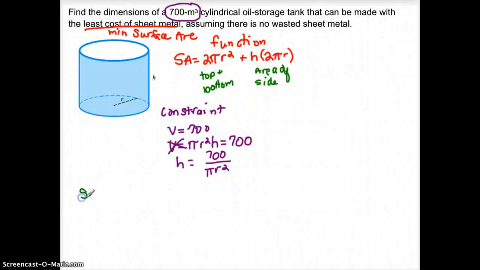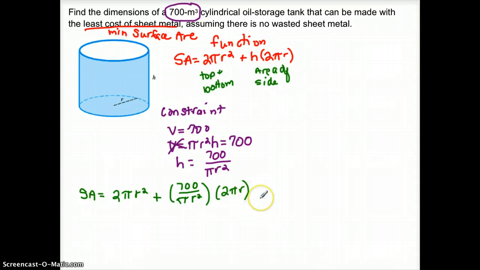Now my surface area is equal to 2 pi r squared, plus h, which is 700 divided by pi r squared, and that also gets multiplied by 2 pi r. Since we're going to be doing all this work on our calculator, don't worry about simplifying this at all. You're just going to work with it like it is.